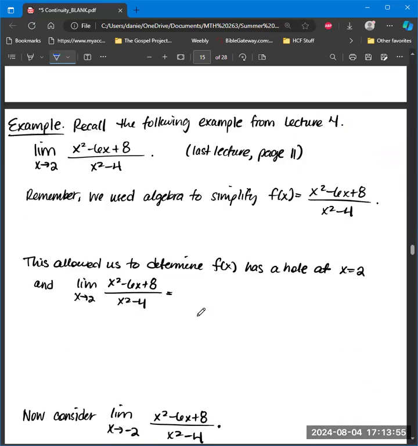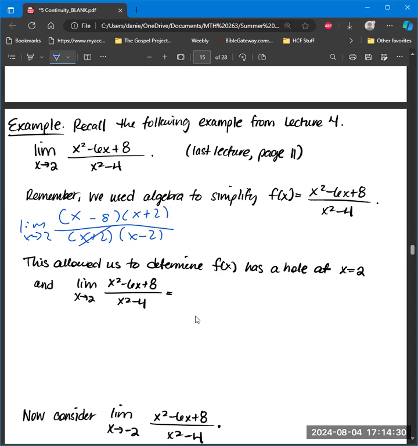Recall the following example from an earlier video. x squared minus 6x plus 8 over x squared minus 4, limit as x approaches 2. Remember that we needed algebra to simplify this, and we turned this into x minus 4, x minus 2, over x plus 2 times x minus 2, limit as x approaches 2.